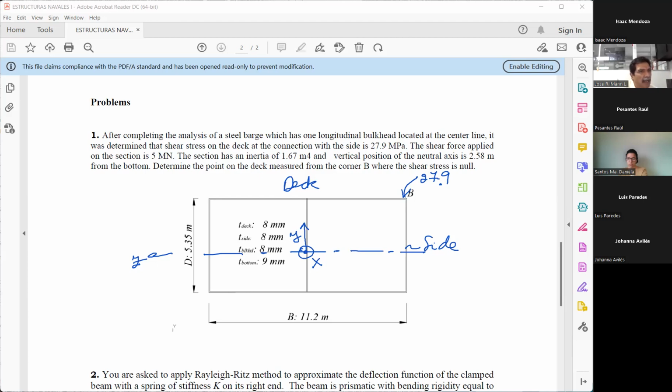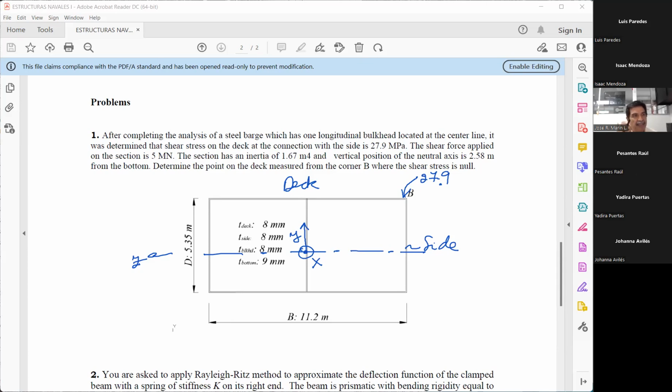What's the distribution of shear stress on the deck? One word. What is the shape, the mathematical function that describes the distribution of the shear stress? Just a bending moment? Is the moment? What's the distribution?